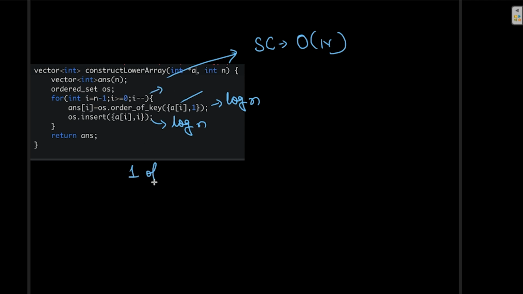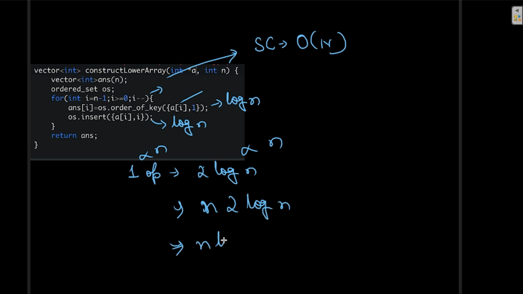So for one operation we are doing 2 log n, and for n operations we would be doing n times 2 log n. Constants are ignored, so n log n is the time complexity. So we are done till this point.